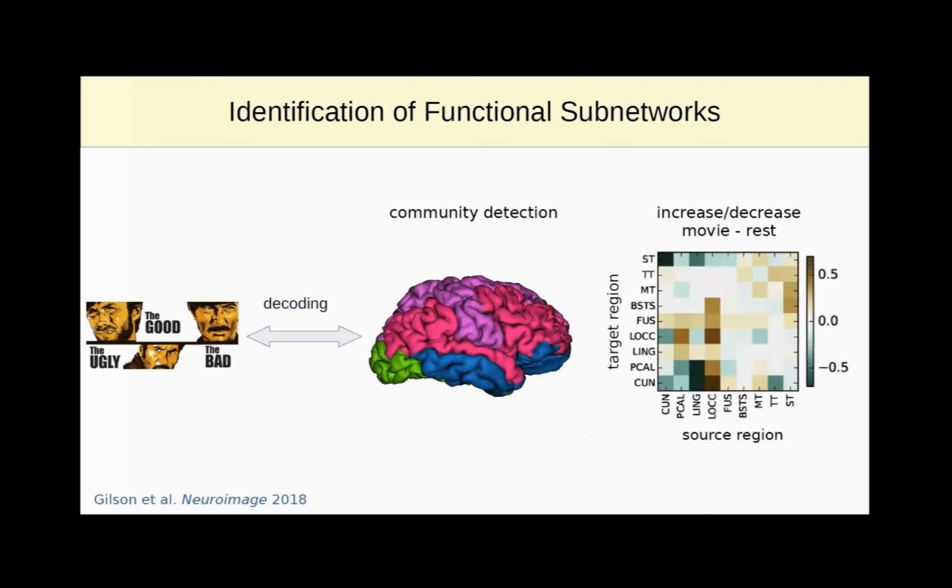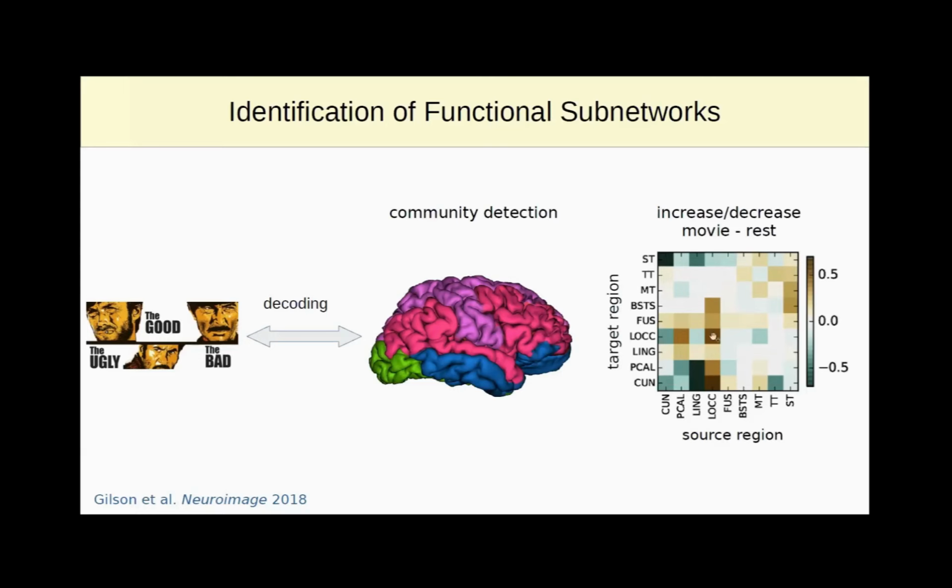Basically, in a very short description, what we are trying to do here is look at communities of regions at the whole brain level, but also something that we mentioned with Romain yesterday, which is how reconfiguration at a more local scale could happen.